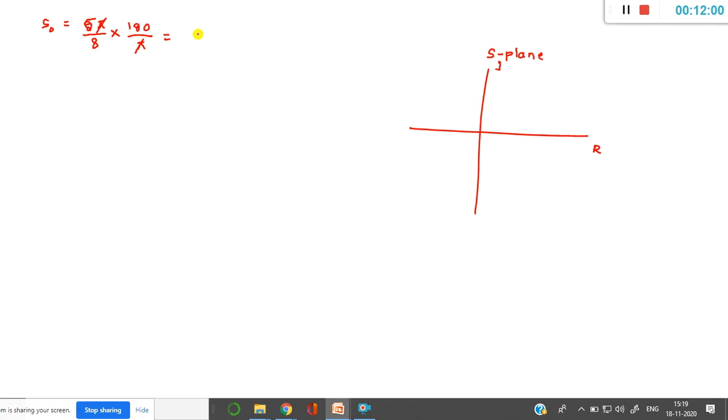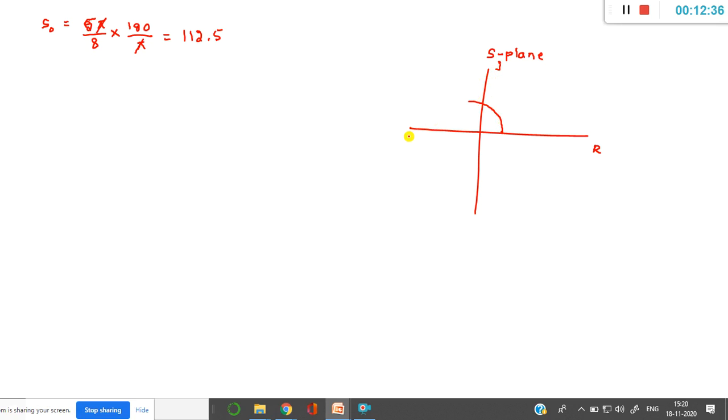Tell me the value in terms of degrees. So it is 112.5.